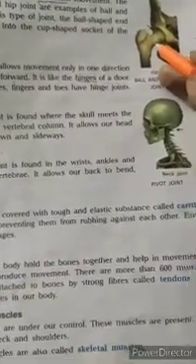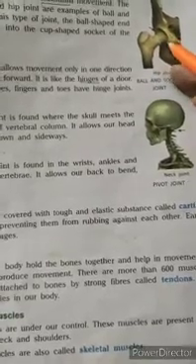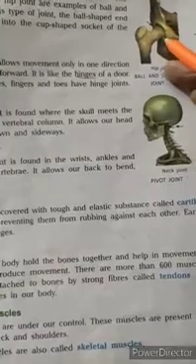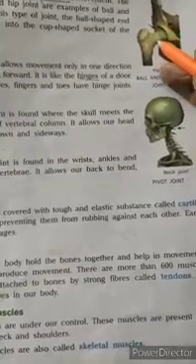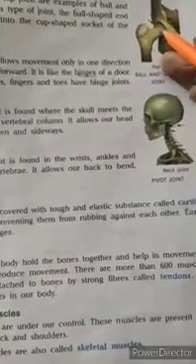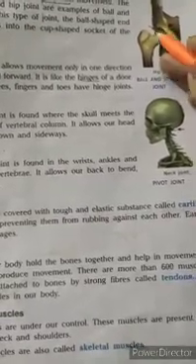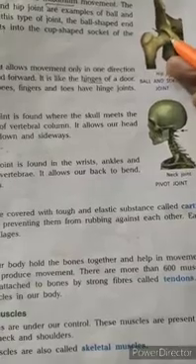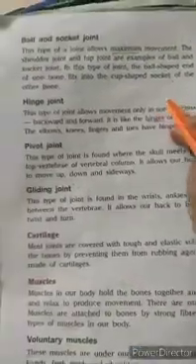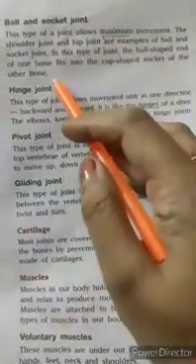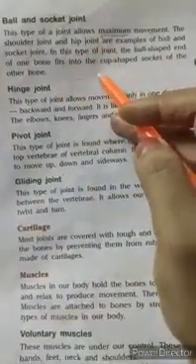So this ball-shaped bone can easily fit into the cup-shaped socket, and because of this shape, this bone can easily move, or it allows movement maximally. That's why it is called the maximum movement joint. So it fits into the cup-shaped socket of the other bone, and that is called ball and socket joint.